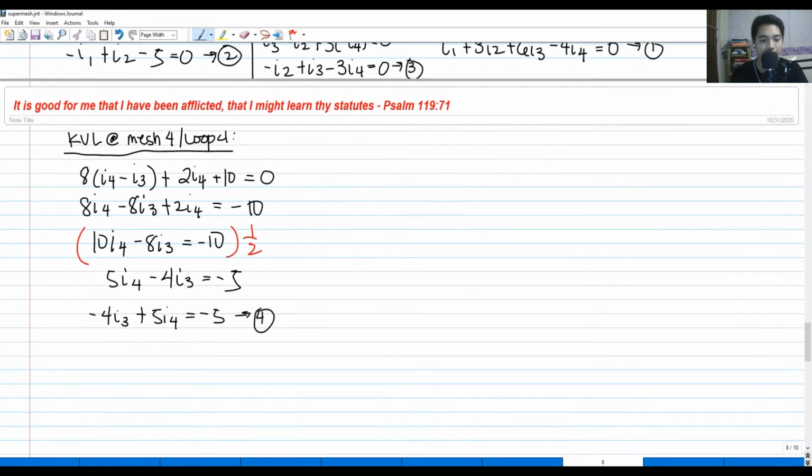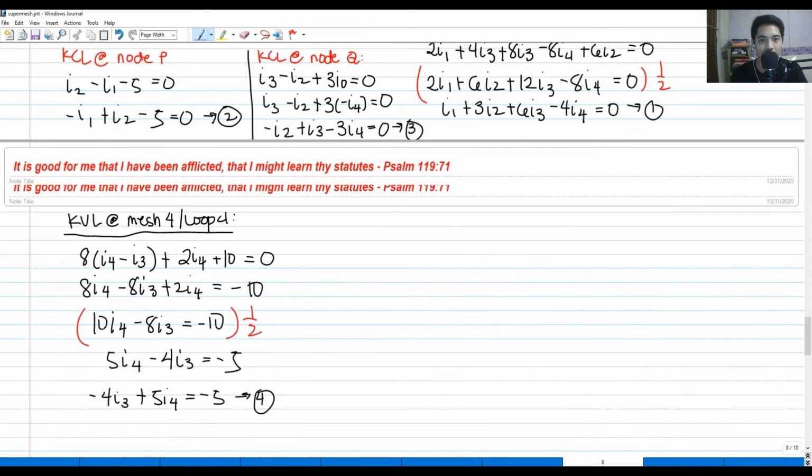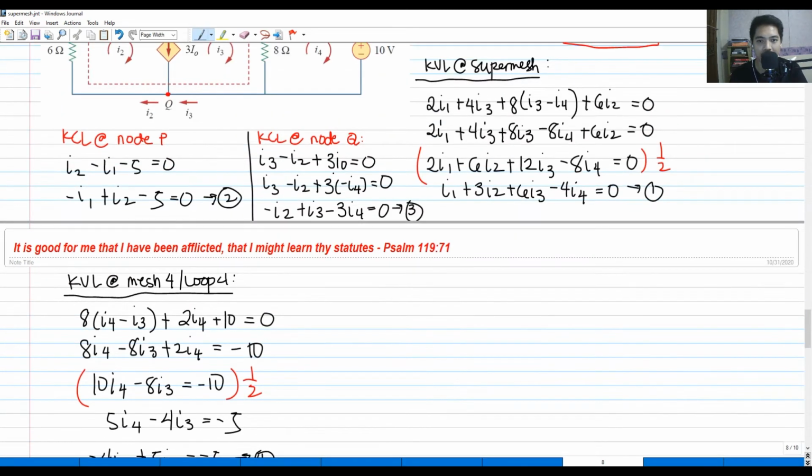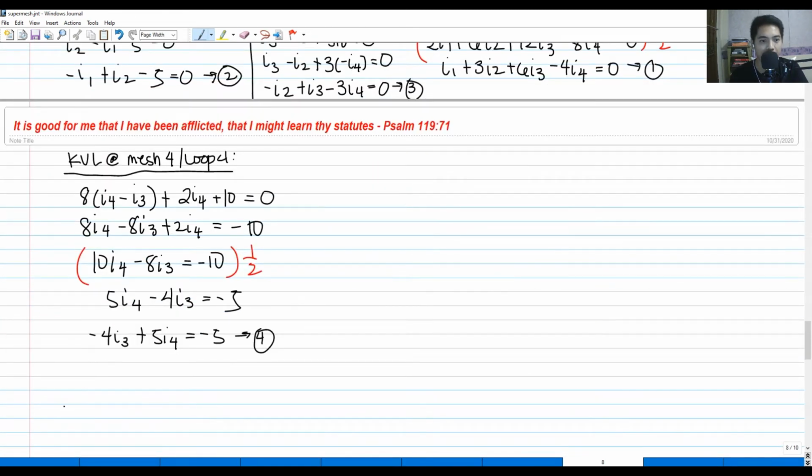Again, if I'm going to write all of the equations, for our equation 1, we have I sub 1 plus 3 I sub 2 plus 6 I sub 3 minus 4 I sub 4 equals 0. That is the first equation.